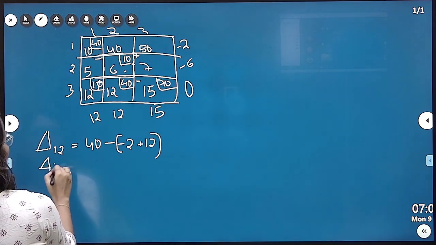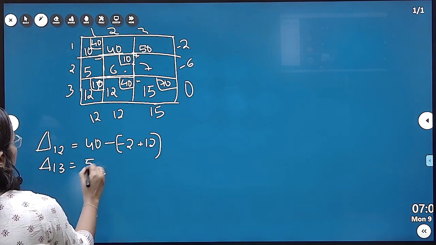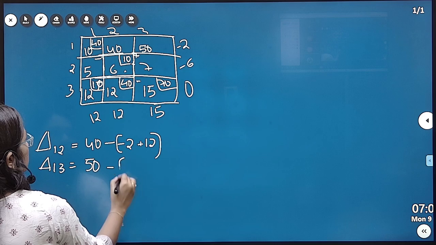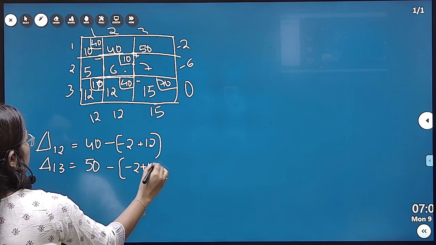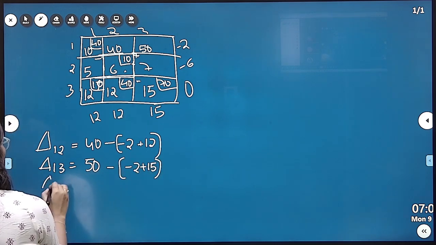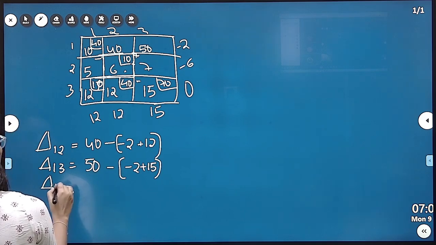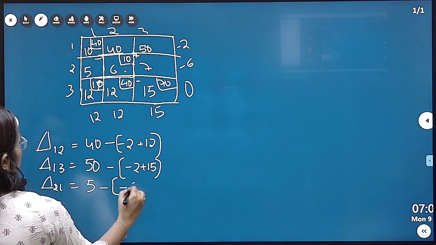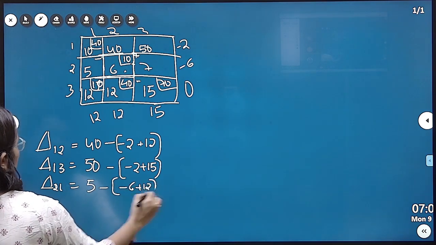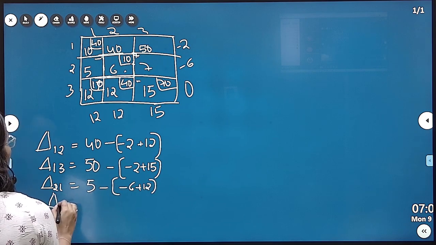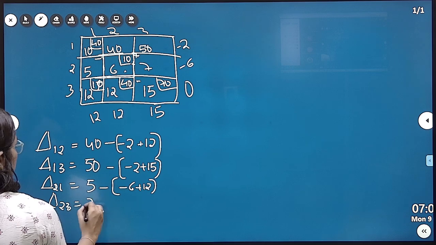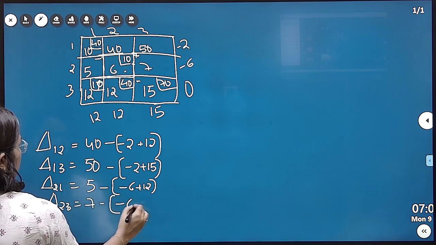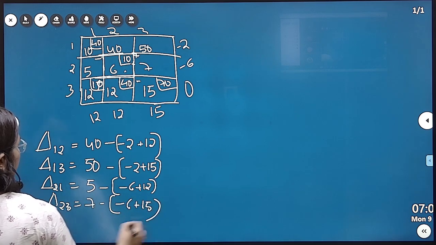Delta 1 3 is equal to 50 minus 2 plus 15. Delta 2 1 is equal to 5 minus 6 plus 12. Delta 2 3 is equal to 7 minus 6 plus 15.